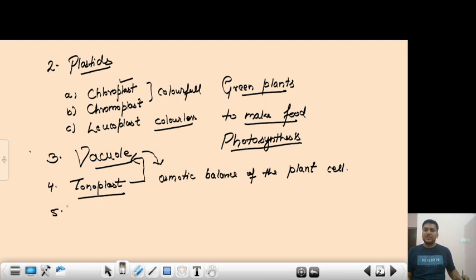So these are the things which are present only in the case of a plant cell but not in the case of an animal cell. One important thing that is present only in the case of an animal cell is the presence of centrioles. Centrioles are only present in the case of an animal cell.